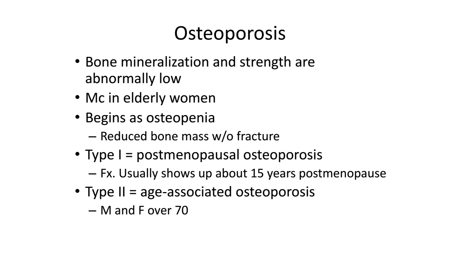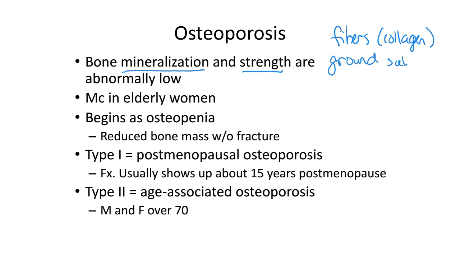Okay, so let's talk osteoporosis for just a minute. With osteoporosis, we have a low bone mineralization, which is going to result in low strength. We need to keep in mind, again, remember that bone is a connective tissue. And so bone as a connective tissue is going to consist of those fibers, mostly collagen, and it's going to consist of ground substance.